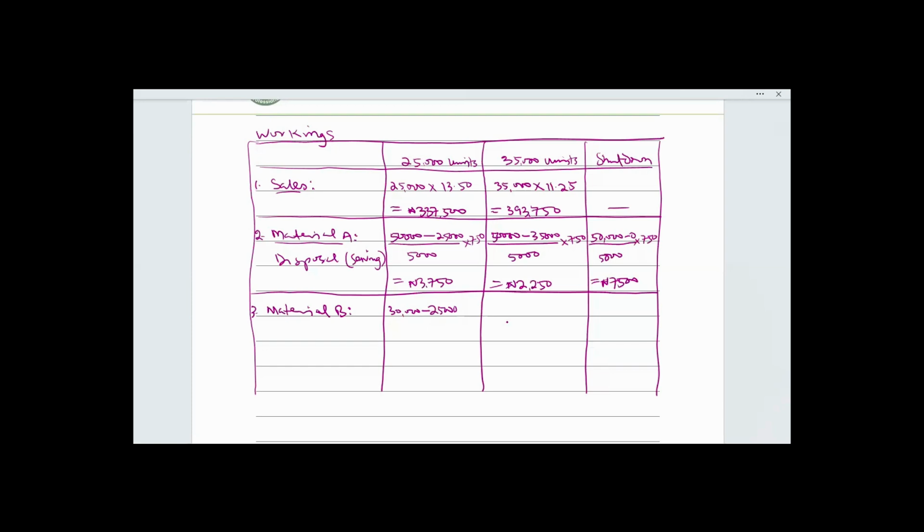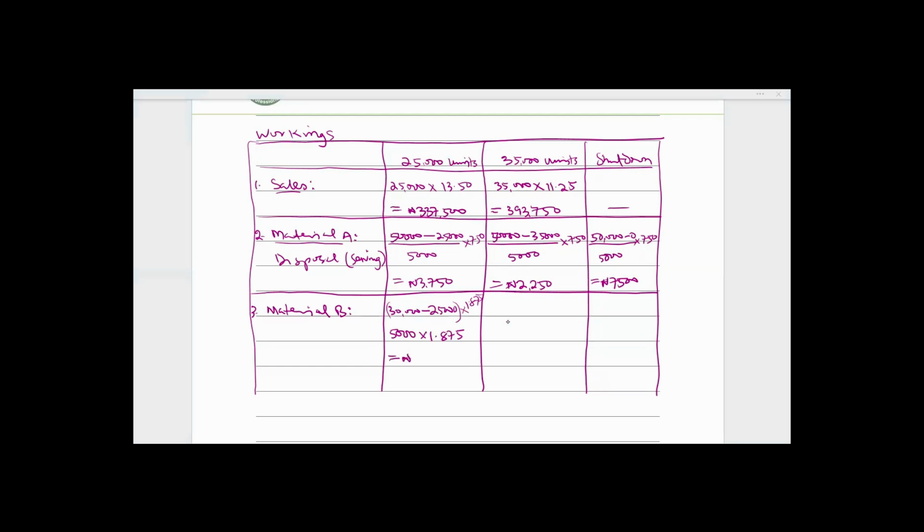So the balance of 5,000 that you don't need, what do you do? You are going to dispose of it to another department at 1 naira 875 kobo. Therefore, the difference is 5,000 liters multiplied by 1 naira 875. So what do you have here?